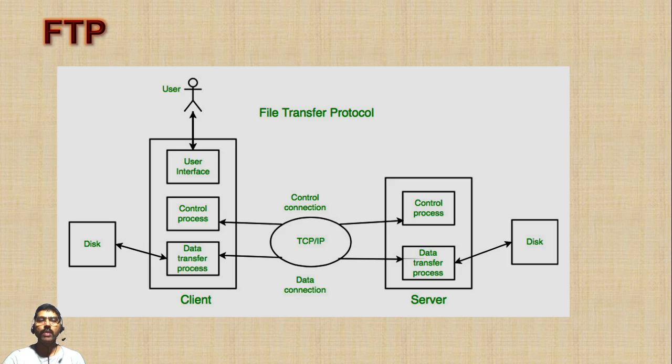If I want to transfer some file or retrieve some file from the remote computer, we have to send some controls, and that is done by the control connection. And the actual data transfer of that file is done by the data connection. Two separate connections are established, one for sending the control signals and one for data transfer.